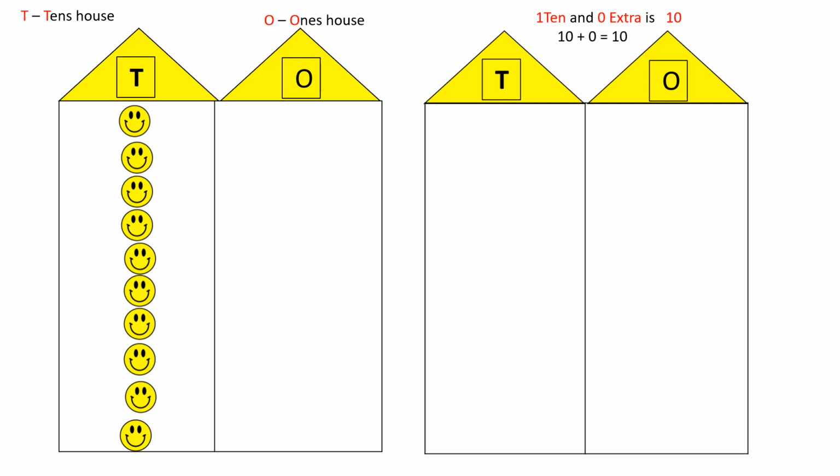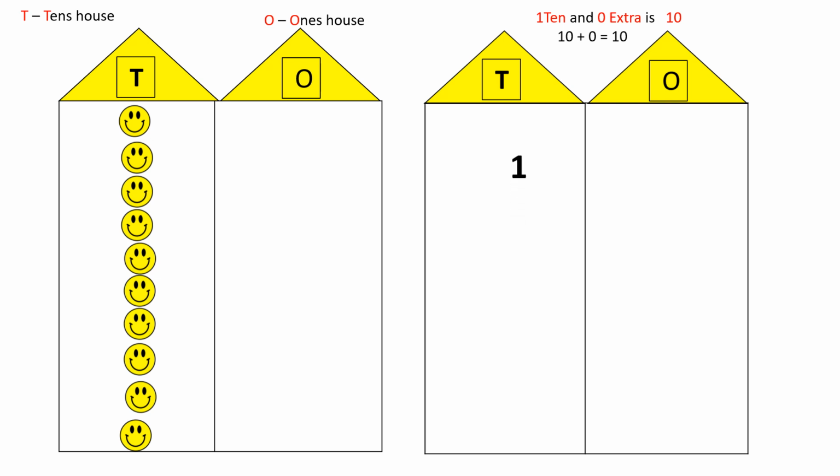So now the 10's house has 10 friends, 10 smileys. And do you see anyone in one's house? No, one's house is empty. One's house खाली है, उसमें कोई भी नहीं है.